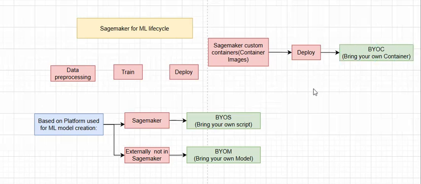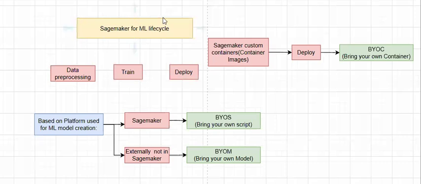If you have built-in containers available, we can deploy on them. Otherwise, we need to build our own containers. If you are building your own container images and using them for deployment of your ML models, then we call such deployment BYOC, bring your own container.